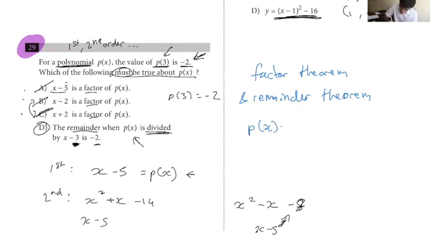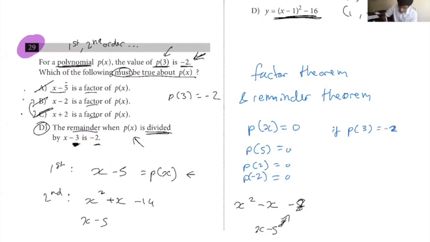So in this case for A, B, and C, either P of 5 or P of 2 or P of -2 has to be 0. But we don't know anything about that. However, one thing that we do know is that if you put P of 3, then the remainder will be -2 according to the remainder theorem.